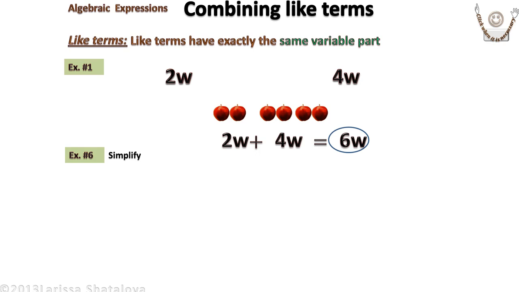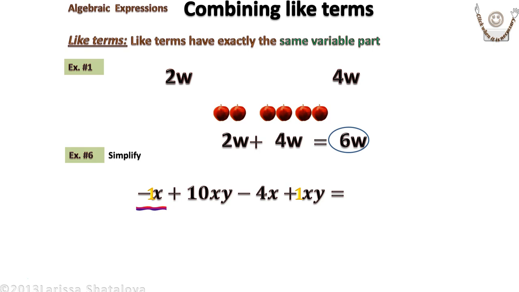Example number 6 is more complicated because we have to see the magic number ones in order to read what we have now. Negative 1x and positive 10xy and negative 4x and positive 1xy. After that, let's look for like terms.